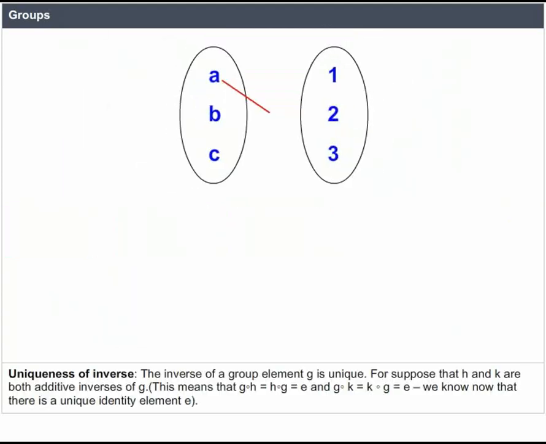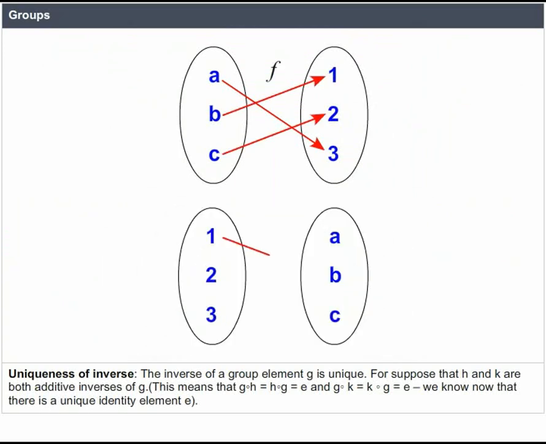Groups. Uniqueness of the inverse. The inverse of a group element g is unique. For suppose that h and k are both inverses of g.